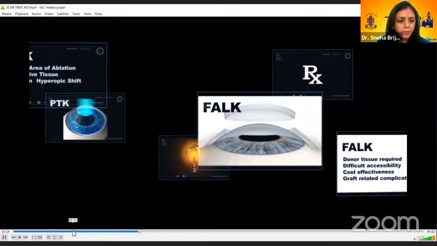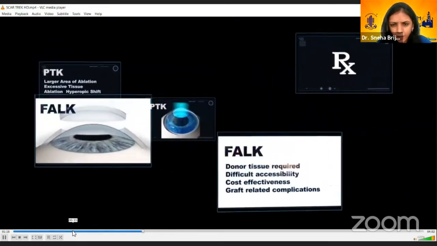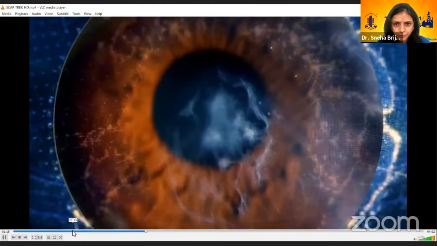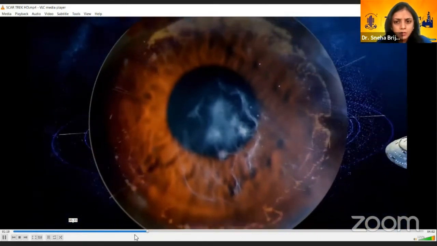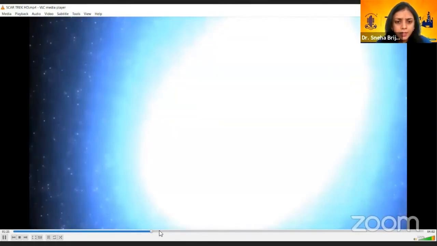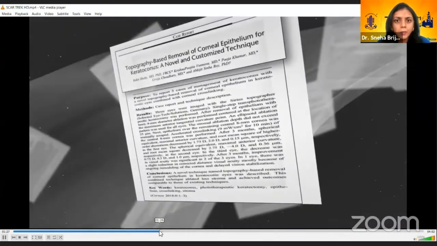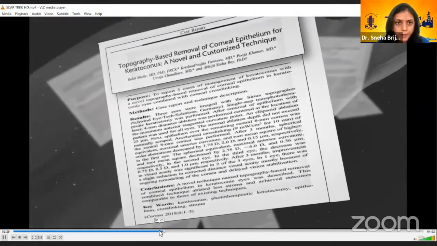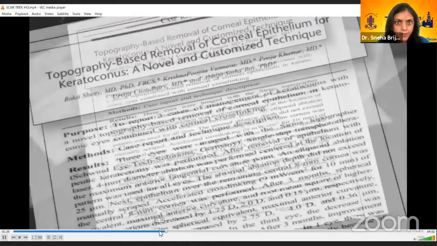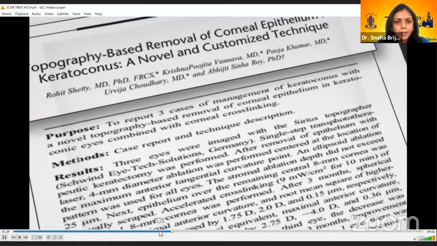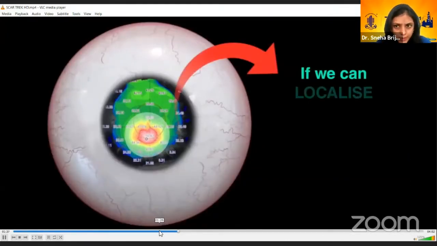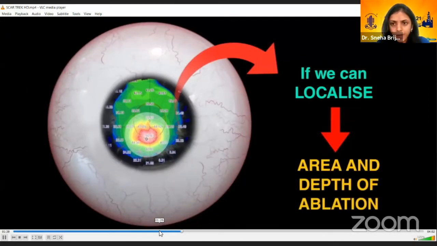The second one was femtosecond assisted anterior lamellar keratotomy. So we wanted to look for some other options to customize the treatment. We did a literature search and we saw this article of topography-based removal of corneal epithelium in keratoconus, where decentered pores were treated by localizing the area and the depth of ablation.